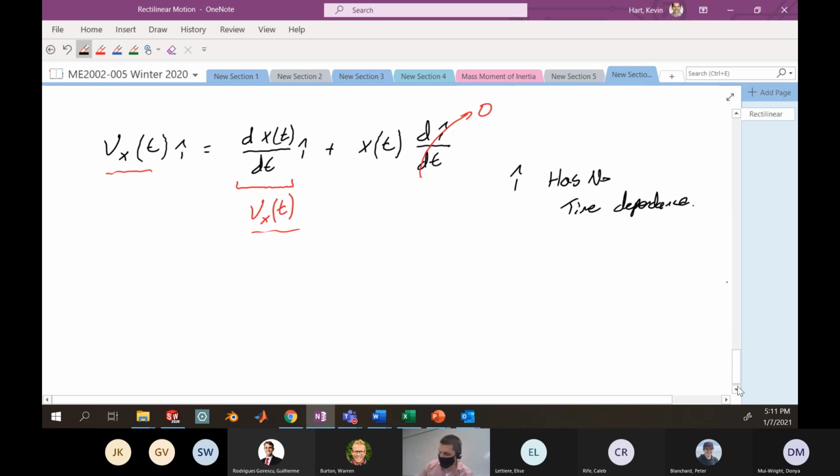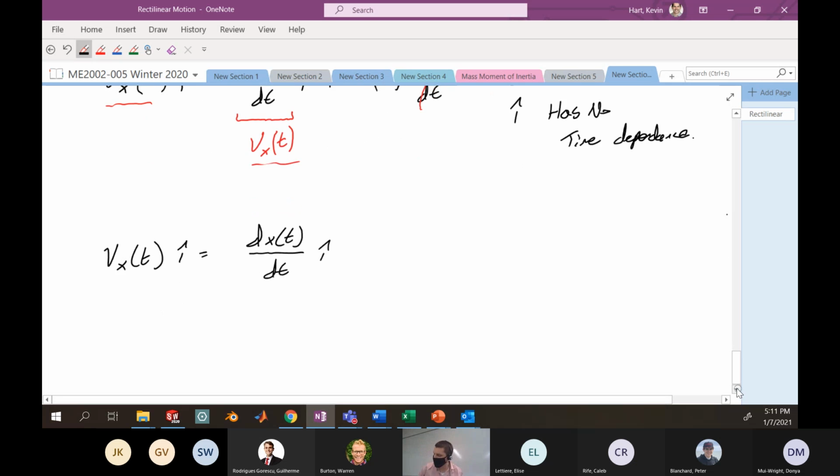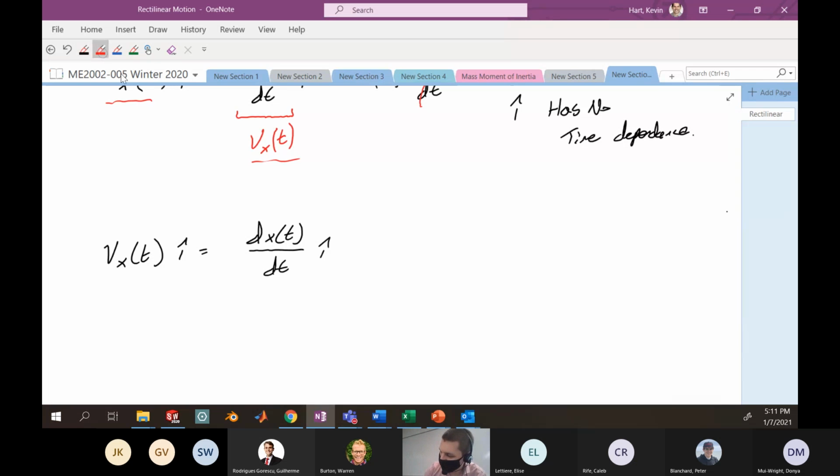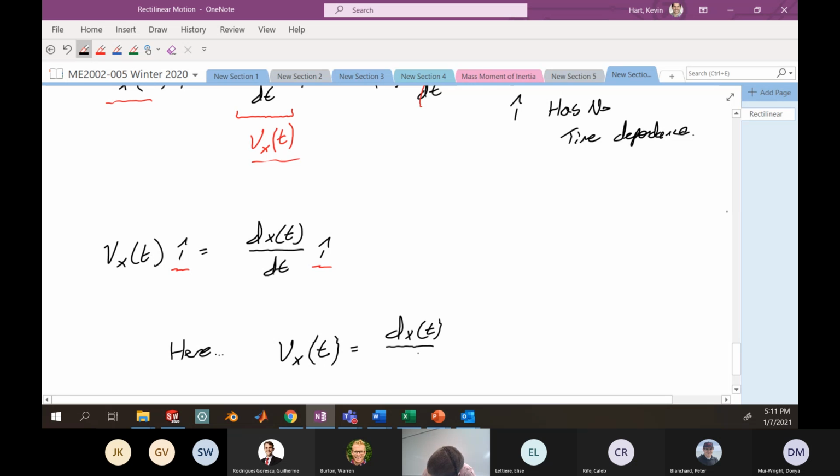Okay, so this is what you end up with. All of this is to say that we're in the same general direction, in the same basis, and that our velocity in the x direction, as a function of time, is the derivative of the position vector as a function of time, differentiated with respect to time.